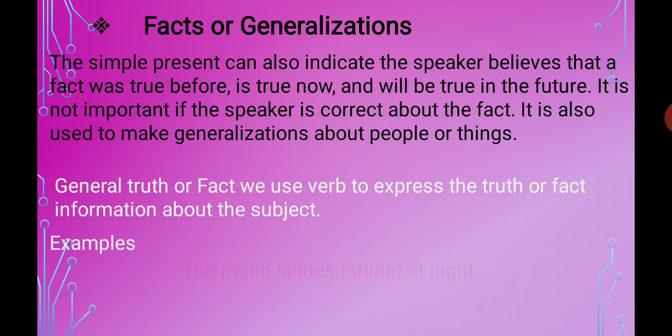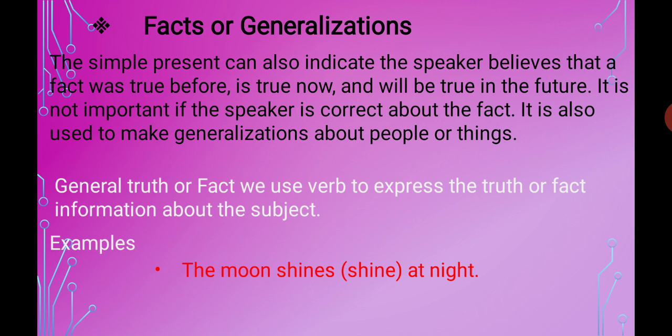Let's see the example. The first example is, it is the fact, the moon shines at night, right? Moon shines. We modify shines from shine. The main form of the verb is shine, shines at night.